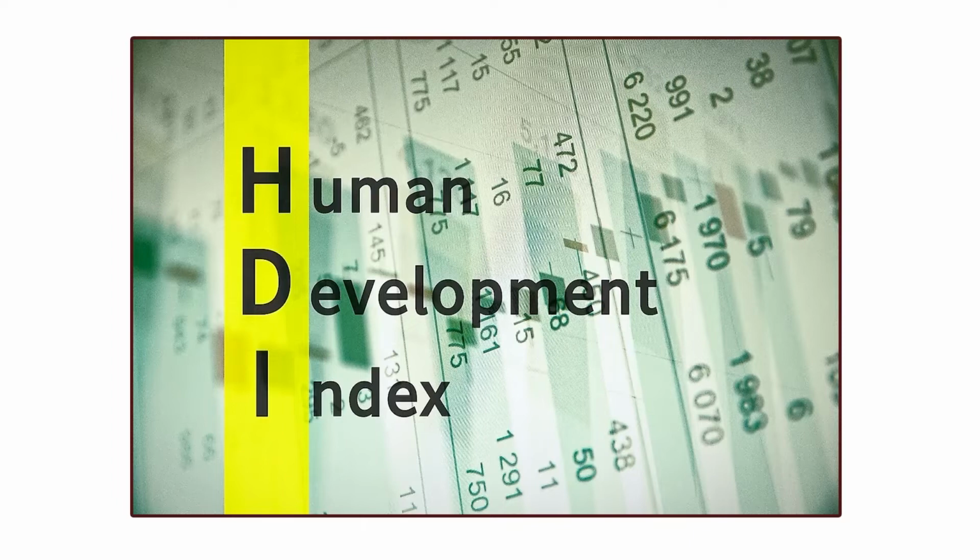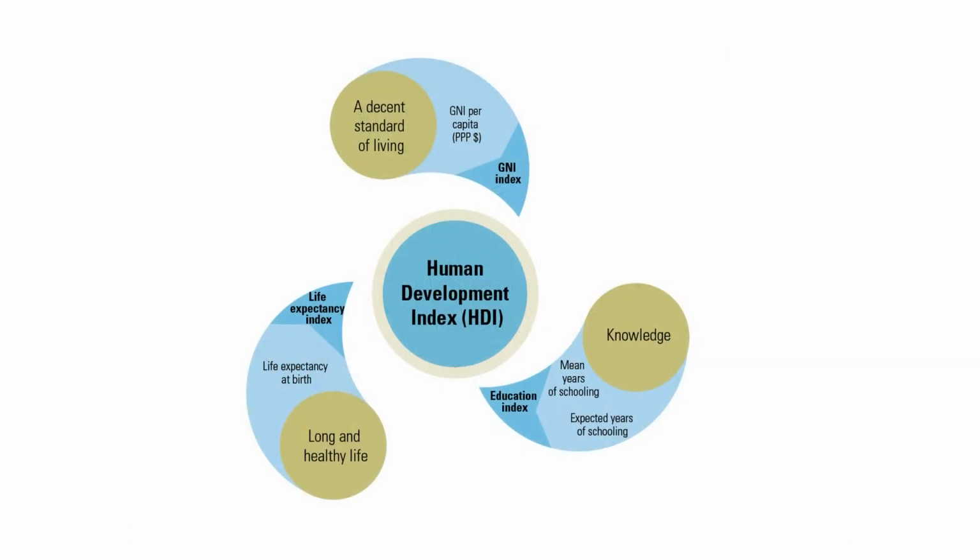The Human Development Index, HDI, is a statistical index which is primarily formed of three factors: life expectancy, education quotient and indicators of per capita income, which helps in ranking countries into different tiers of human development.